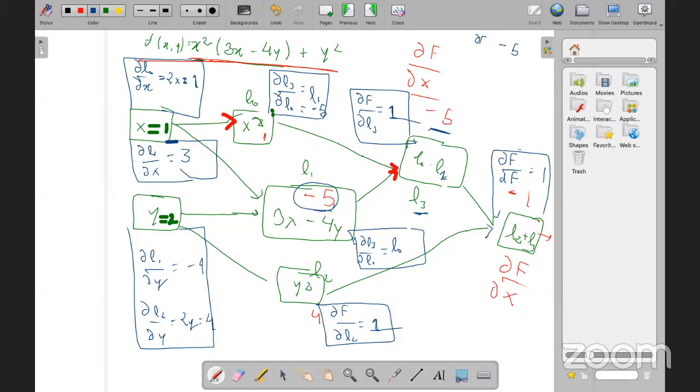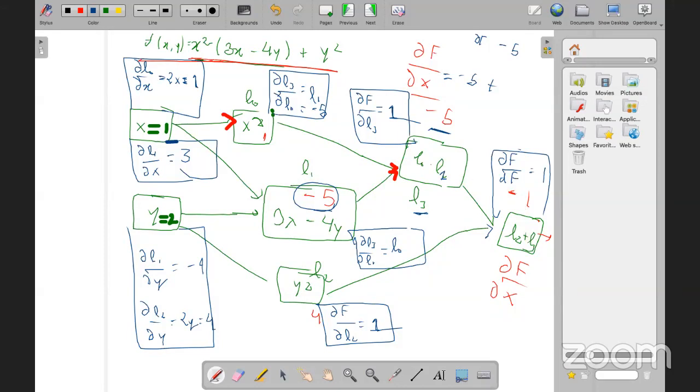So I'm finding df by dx. Just write this here, minus 5 plus, and you add it over all the paths that are possible. So what is the other path to reach here? This was another path. So dl1 by dx, if you multiply this by dl3 by dl1, and then you reach here, df by dl3, and then you reach here.